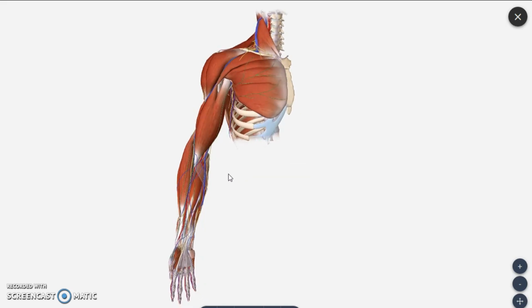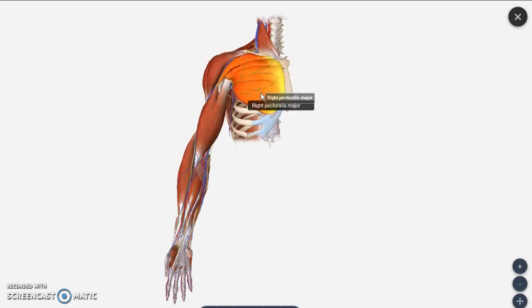The first is the pectoralis major muscle, then just below it we have another muscle, the pectoralis minor. Then there is another muscle just above these two pectoral muscles, just below the clavicle bone. This muscle we call the subclavius muscle, which you are seeing just below the clavicle.